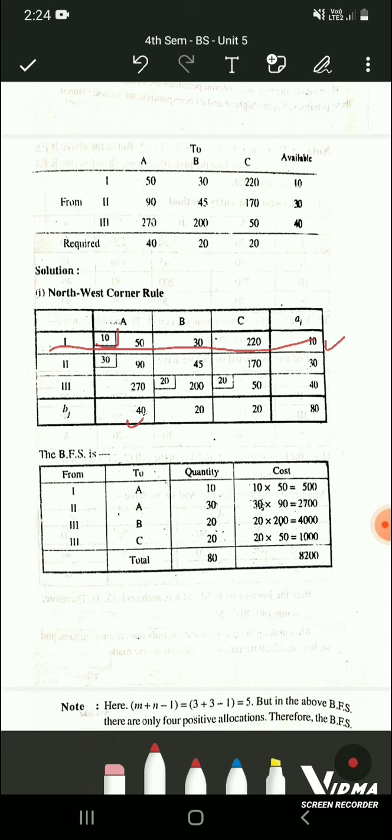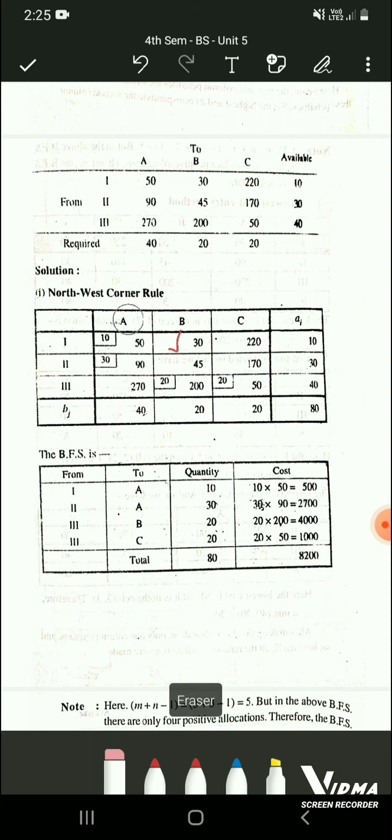Therefore we will go to the next row and see the northwest cell and make the allocation. So in last class, if you remember, we had made the next allocation in cell 1, 2, not in this cell, because this cell was completely exhausted.